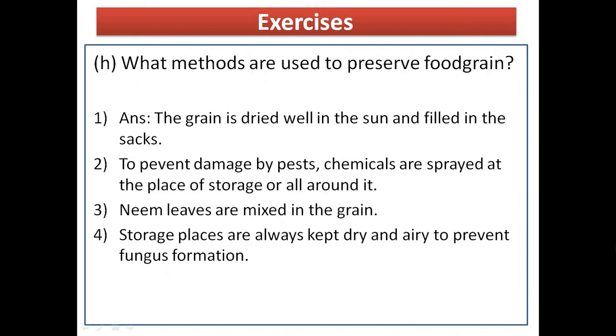Next question. What methods are used to preserve food grain? The grain is dried well in the sun and filled in the sacks. To prevent damage by pests, chemicals are sprayed at the place of storage or all around it.